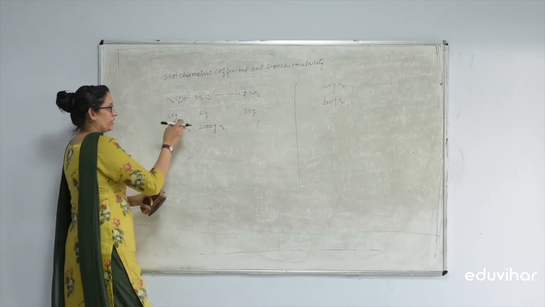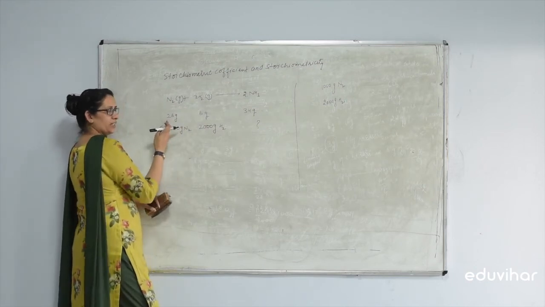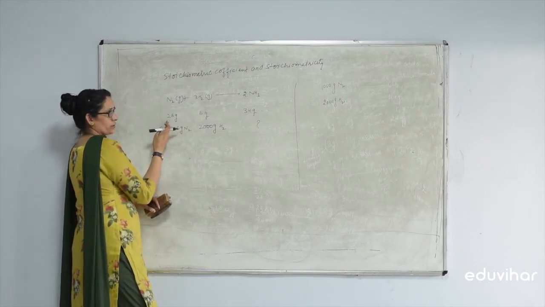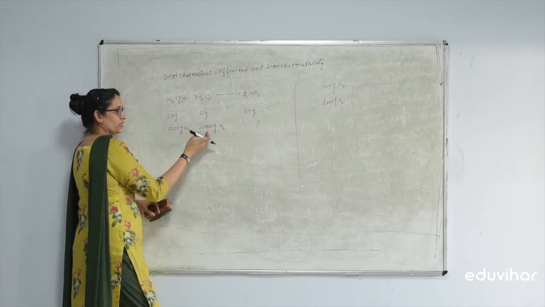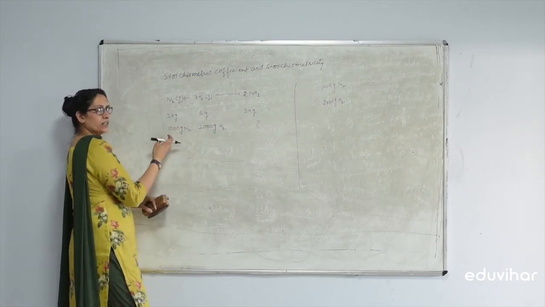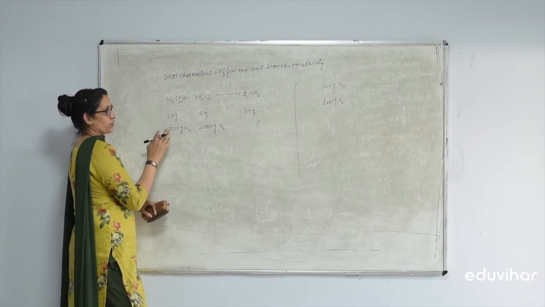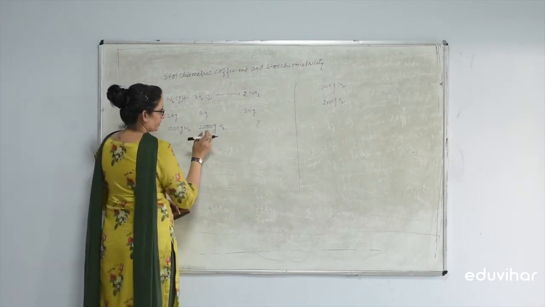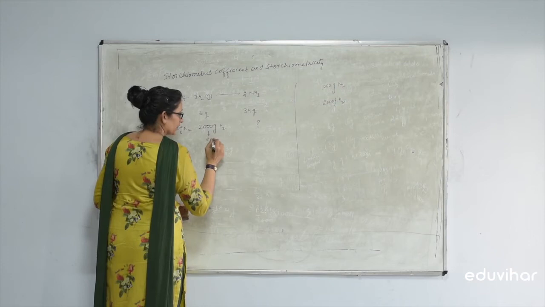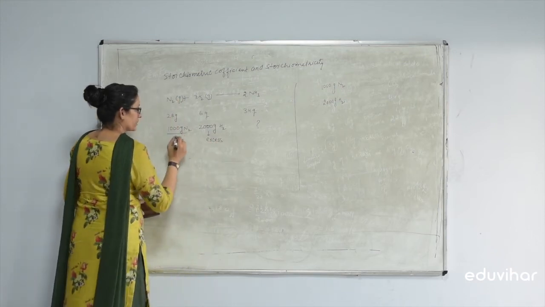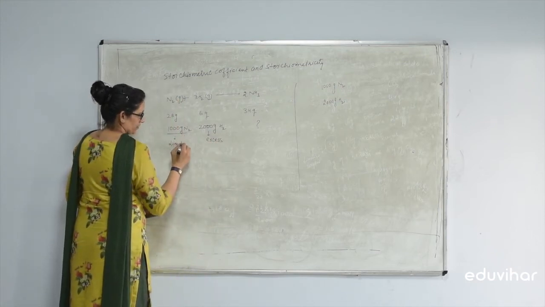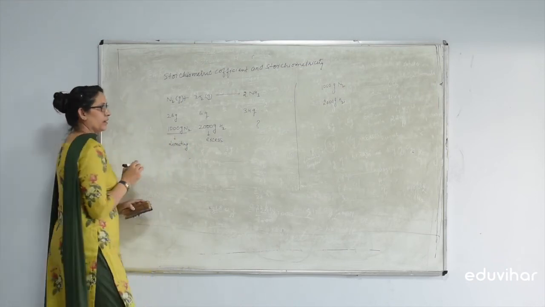Okay. If we have 6 gram of hydrogen, that time we require 3 times of nitrogen. If we have 200 gram of hydrogen, that time we require 6000 gram of nitrogen approx. It means this is present in excess and this is present in limiting amount.